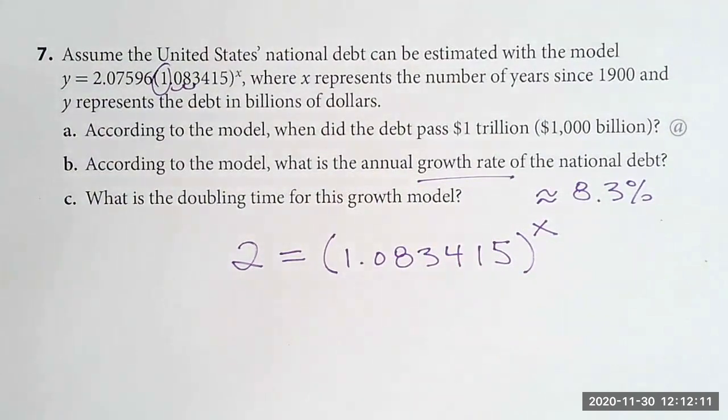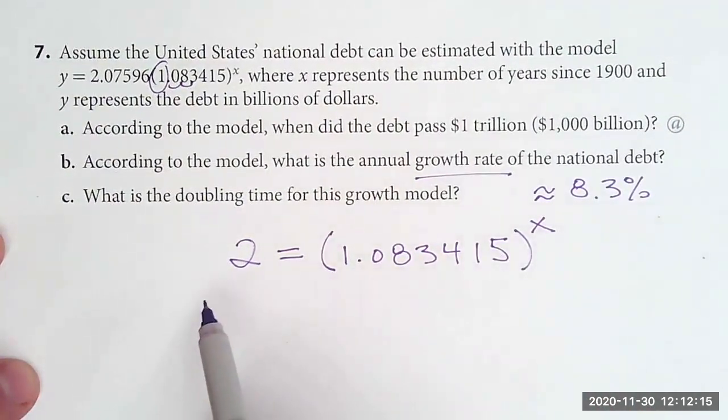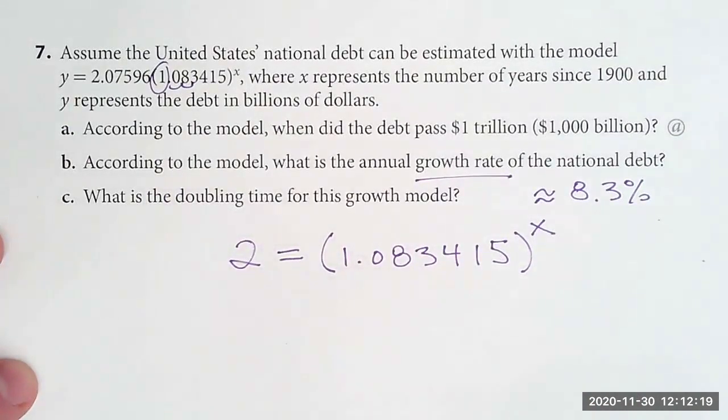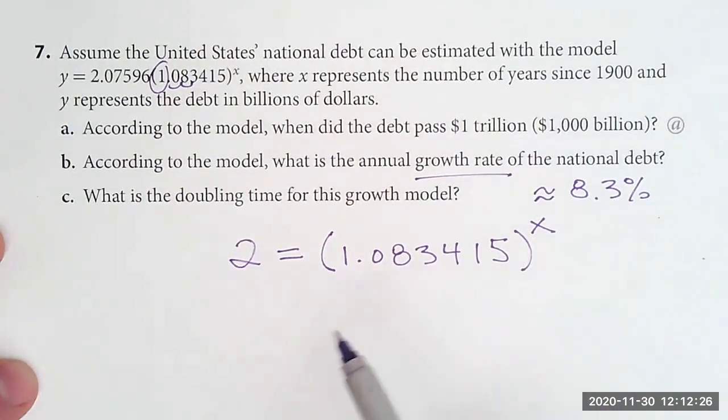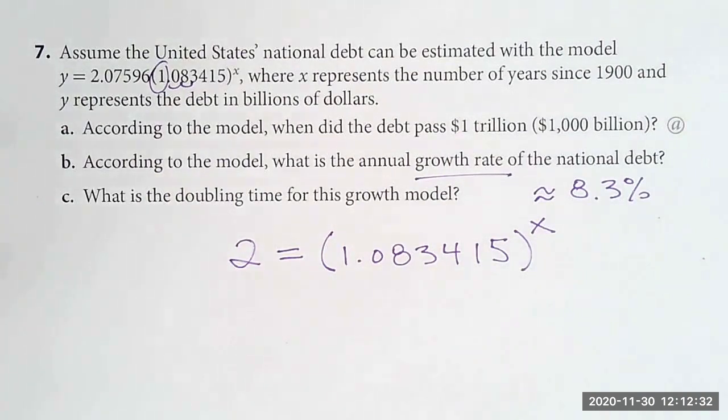The doubling time is going to be in years. Now recall x in the original problem was years since 1900, but it's going to double and then double again and double again. That can be found by figuring out this value x, which is the number of years, and you solve that in the same way. Use logarithms.